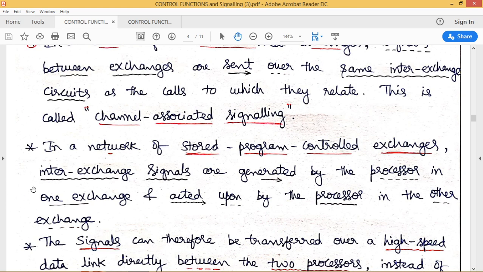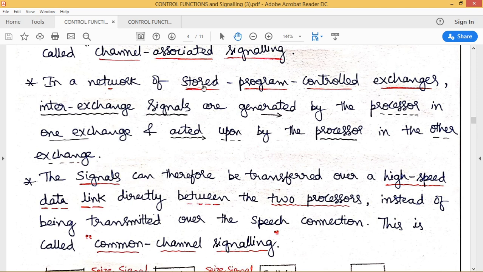In an SPC exchange, the signals are transferred over a high speed data link directly between the two processors. If I am speaking of two processors, it implies two exchanges.